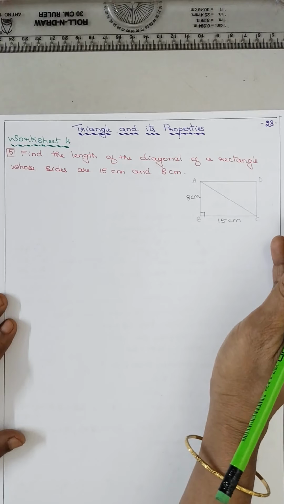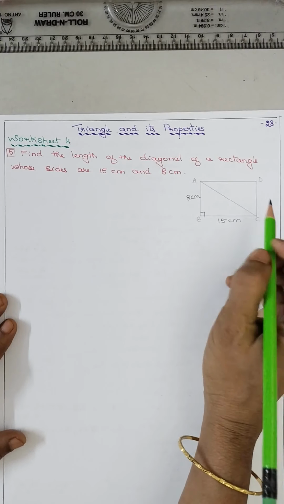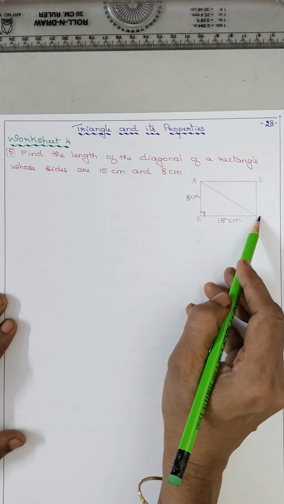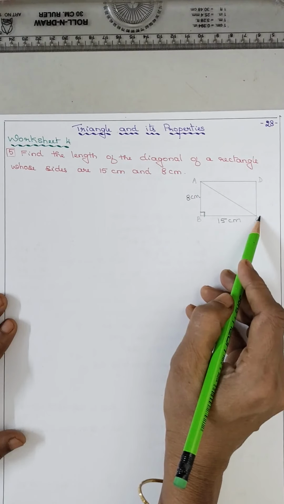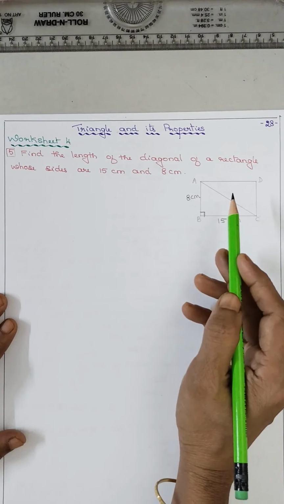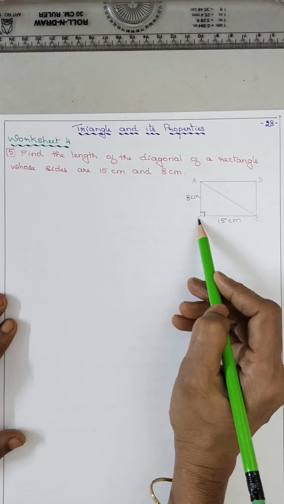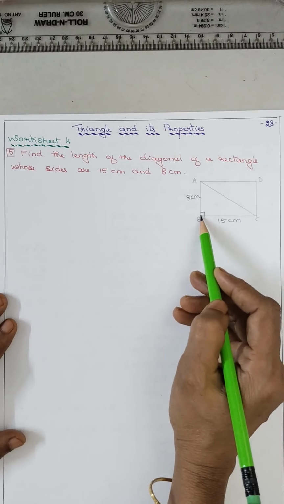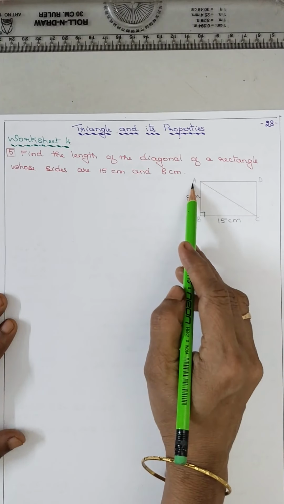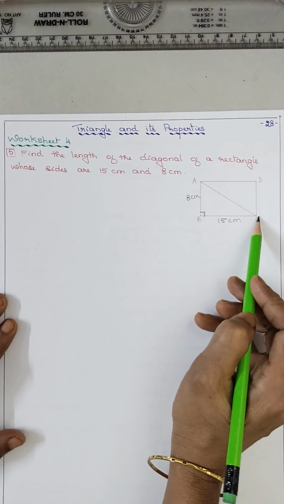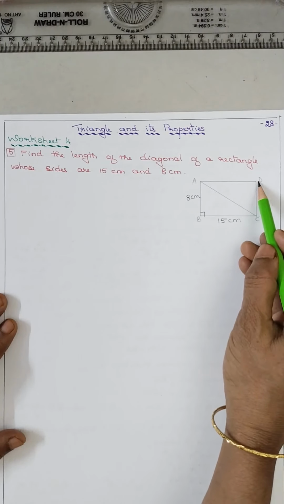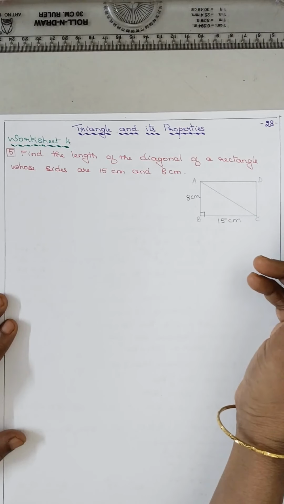Now what is diagonal? Diagonal is the line segment which joins the opposite vertices of a rectangle. Not the immediate vertex, but skipping one vertex and joining the other. So AC is a diagonal, otherwise BD is the diagonal of this rectangle.